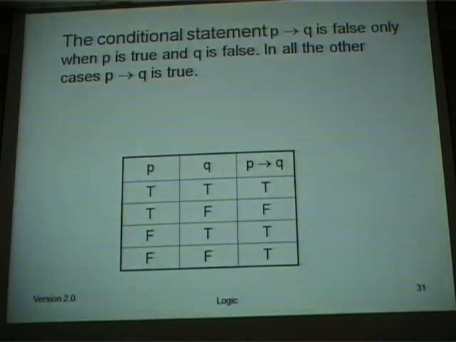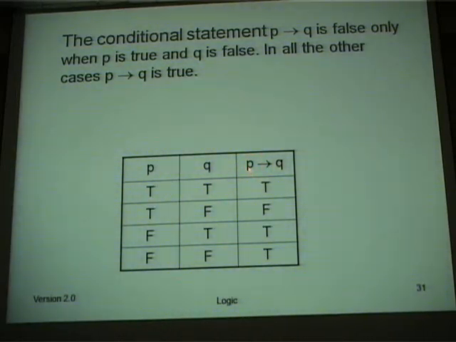Now, some of the things you agree with me, but some of the things you may sometimes find confusing. For example, in this conditional statement, usually we call the statement on the left hand side of this symbol the condition, and the right hand side is the conclusion, or result, or response.